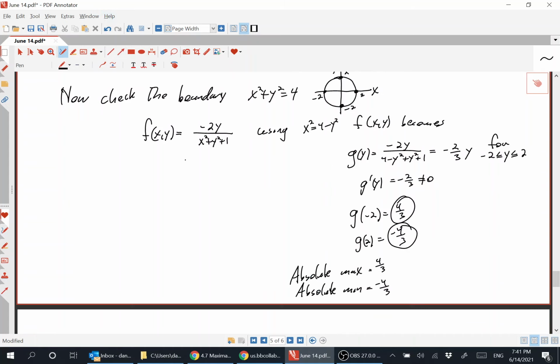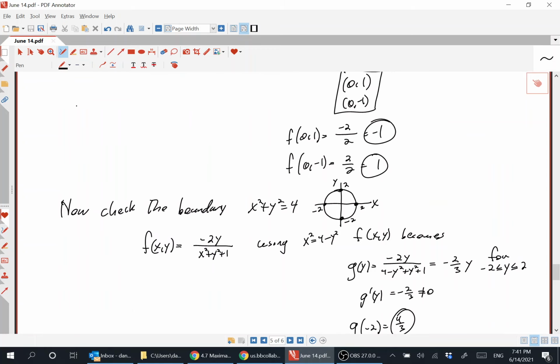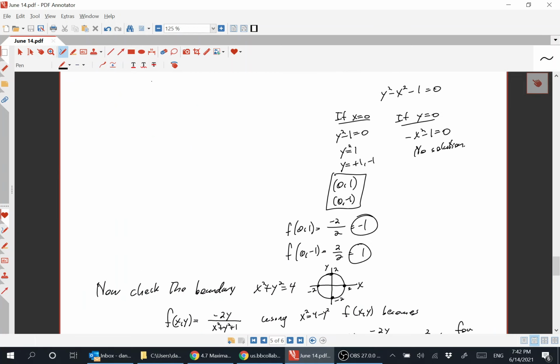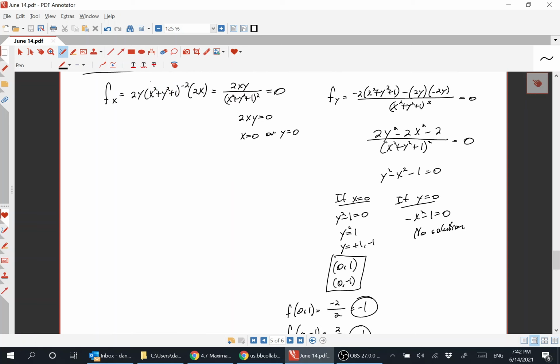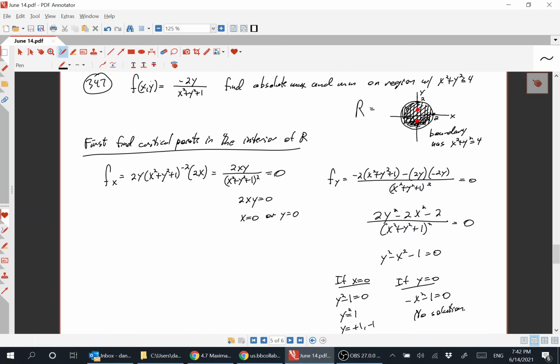Okay, so we'll have one problem like that on the exam tomorrow. Finding this absolute max and min of a two-variable function on this bounded region. Again, the idea is to find the critical points on the inside of the region by taking the first partial derivative with respect to x, first partial derivative with respect to y, setting them equal to 0 and solving simultaneously, getting a couple critical points.